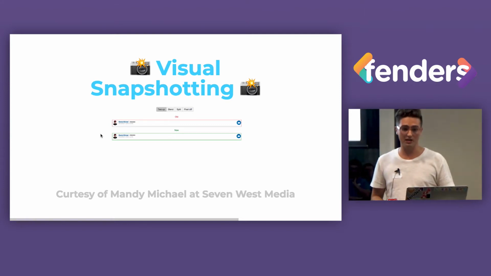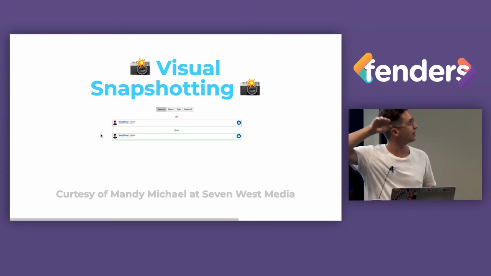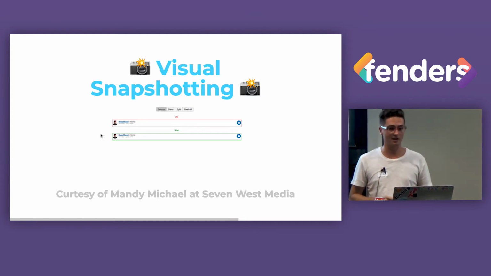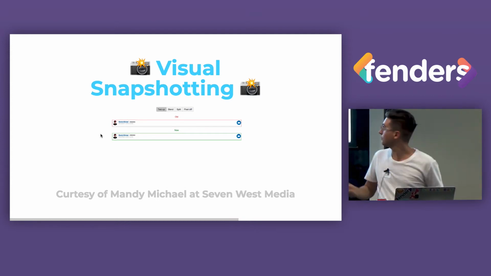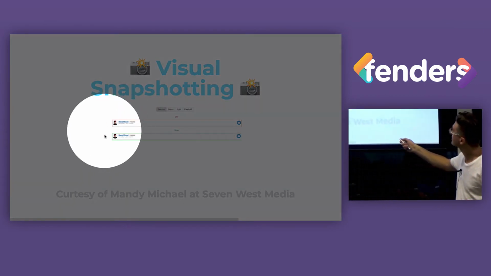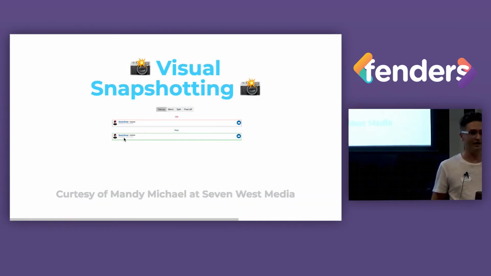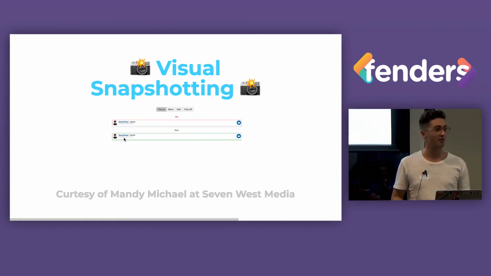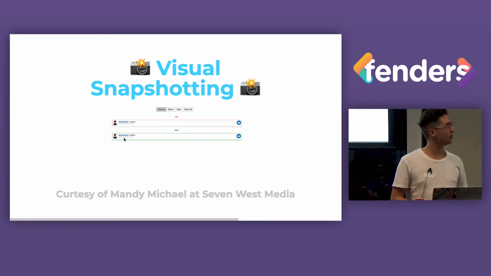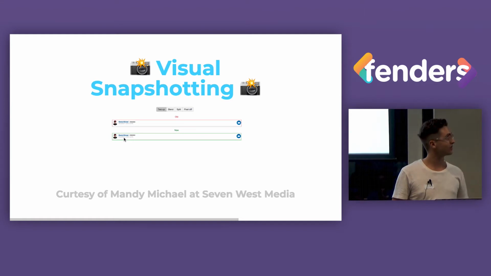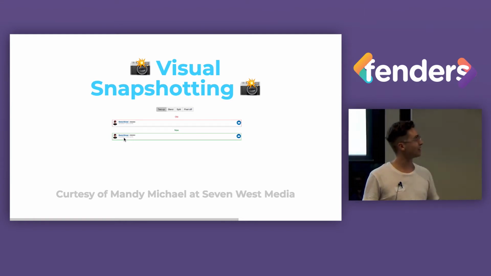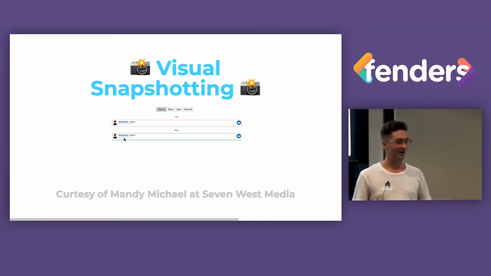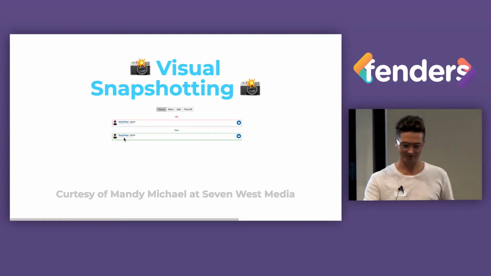Here on the left, on the bottom, the sponsored text, just there, it's a little bit too low. And so this snapshot has picked that up. And you've got that in your Bitbucket or your GitHub. And it's not going to sneak through anymore. So that's awesome. This image is courtesy of Mandy. Thank you for that.